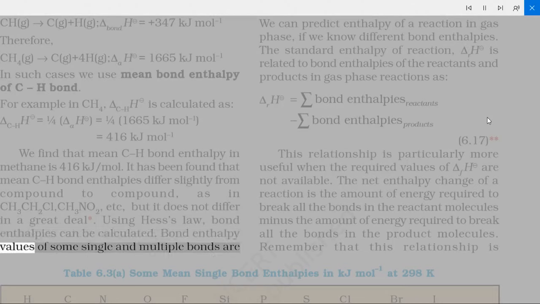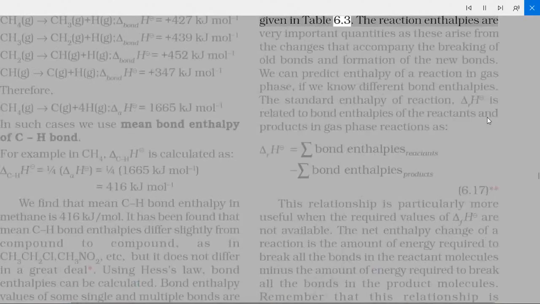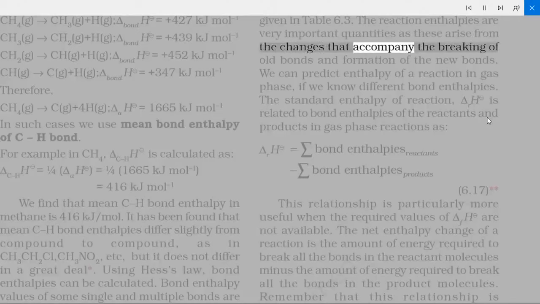Bond enthalpy values of some single and multiple bonds are given in Table 6.3. The reaction enthalpies are very important quantities as these arise from the changes that accompany the breaking of old bonds and formation of the new bonds. We can predict enthalpy of a reaction in gas phase if we know different bond enthalpies.